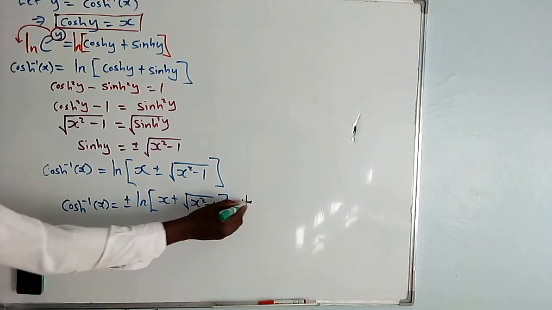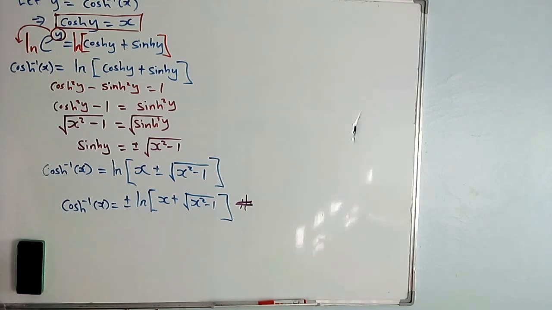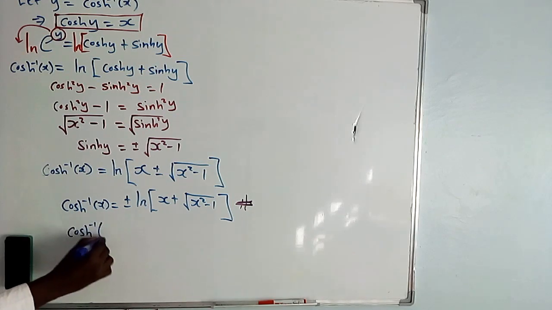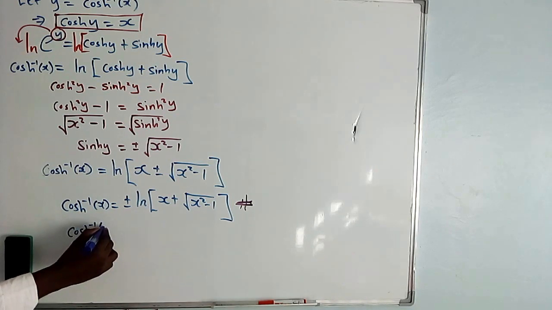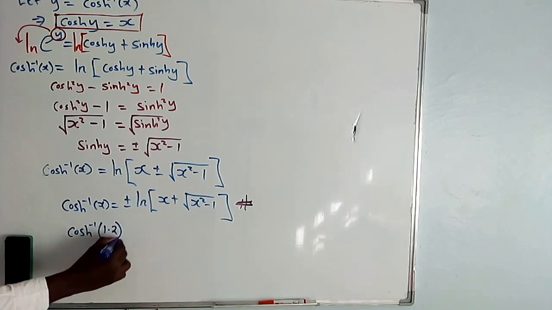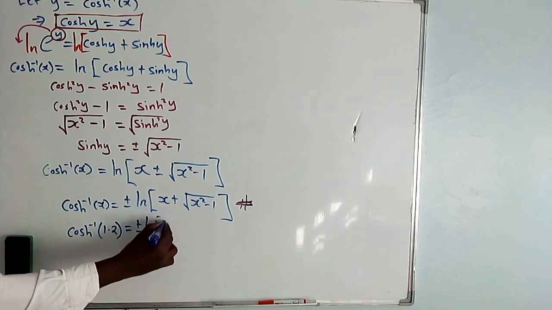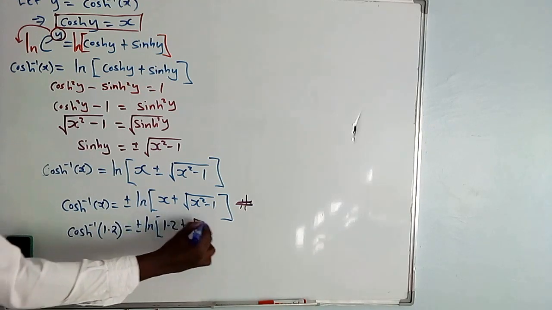Having determined the logarithmic form of cos inverse of x, we now use it to determine the value of cos inverse of 1.2, which is equal to plus or minus ln of 1.2 plus the square root of 1.2 squared minus 1.